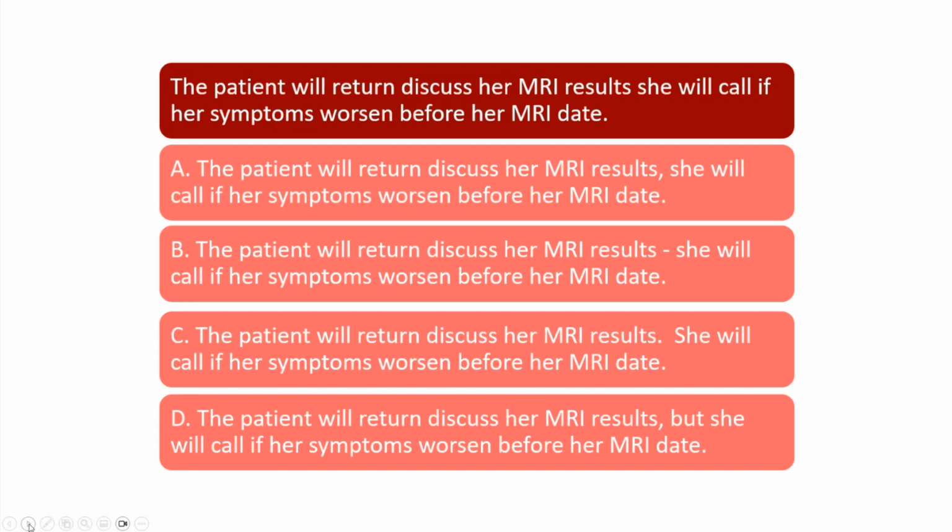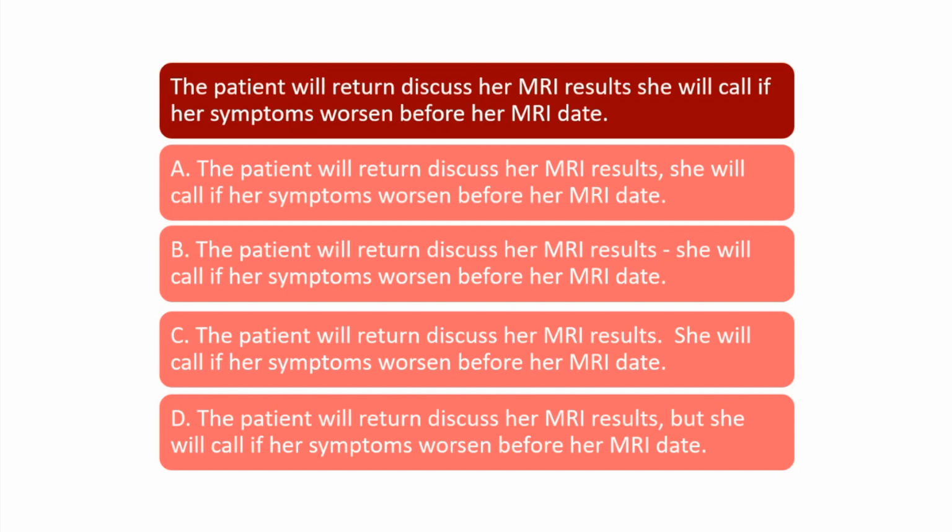So this is kind of similar to the last rule that we just did, where we need to put a period between two complete sentences. Let's give everybody a chance to look at the options and then we'll discuss the answer.